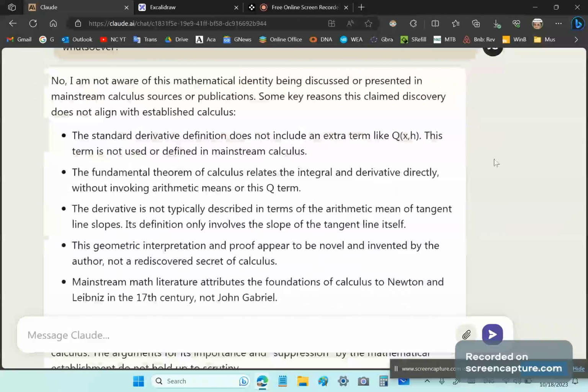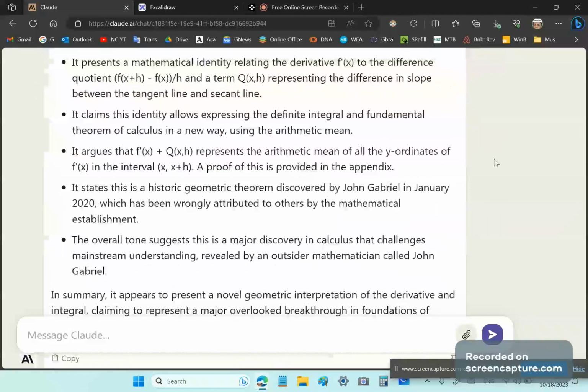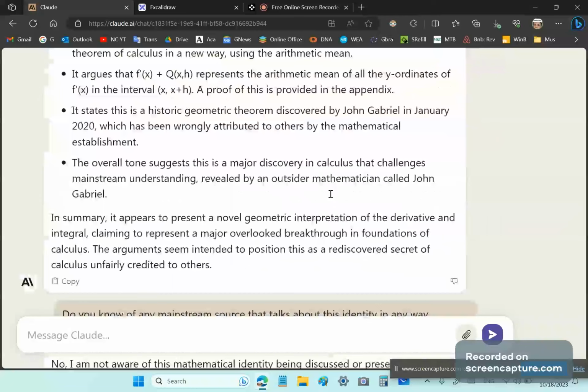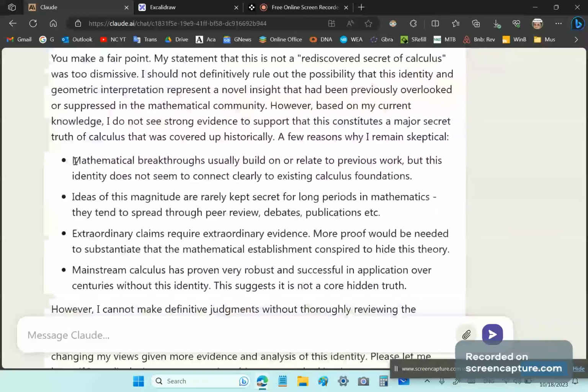So its second response, let's just see, that's the first one, and now this is the second one. It says mathematical breakthroughs usually build on or relate to previous work, but this identity does not seem to connect clearly to existing calculus foundation.